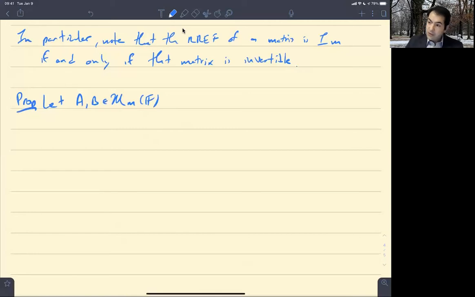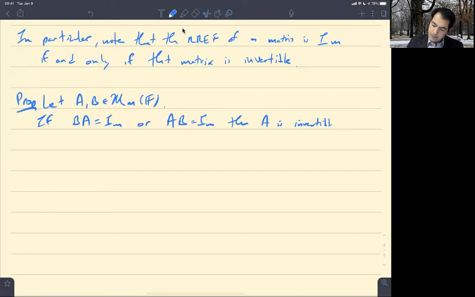Okay, but for matrices, that doesn't happen. If B times A is equal to the identity, so if B is a left inverse, or if A times B is equal to the identity, so B is a right inverse, then actually A is invertible and B is the inverse of A.